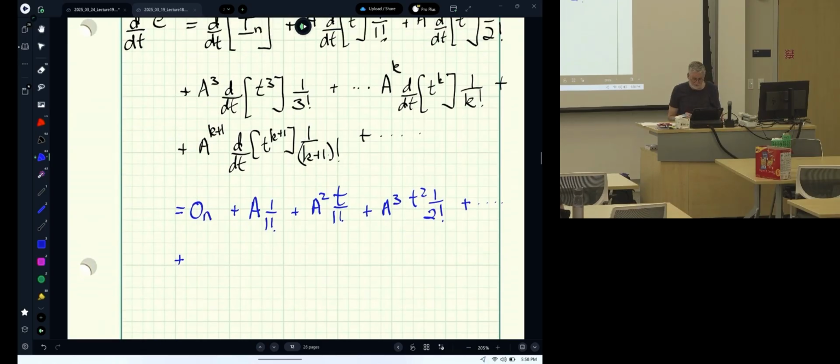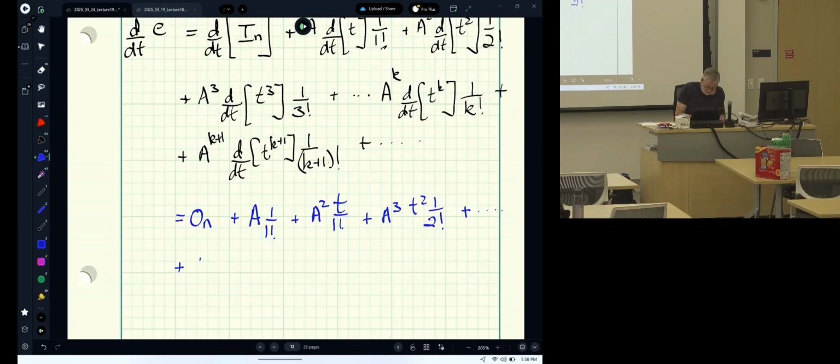plus, I've got A to the k. I differentiate t to the k, so I get t to the k minus 1. The k comes down, and I'm left with 1 over k minus 1 factorial. And then I put in one more term.